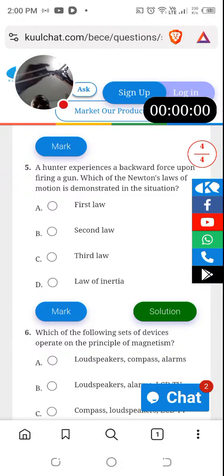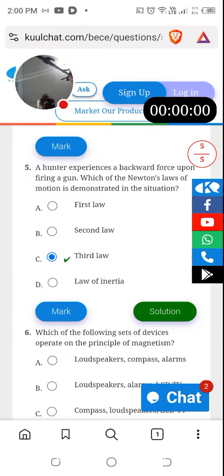So what's the answer for this question? A hunter experiences a backward force upon firing a gun. Which of Newton's laws of motion is demonstrated in this situation? It's definitely not Newton's first law of motion. So we'll go for Newton's third law of motion. Good.